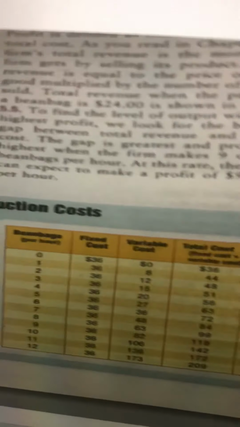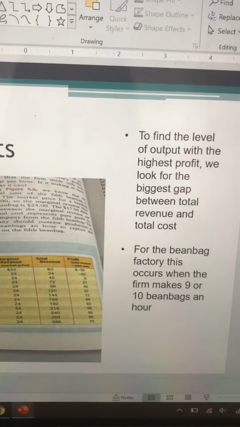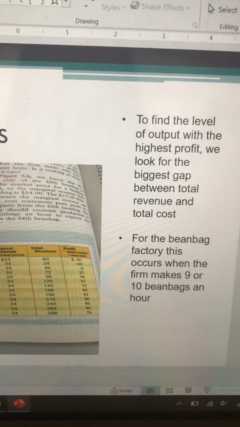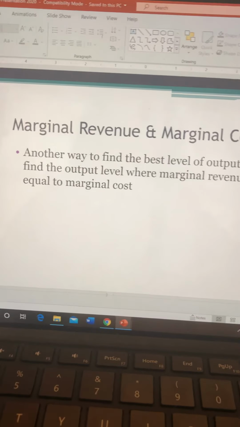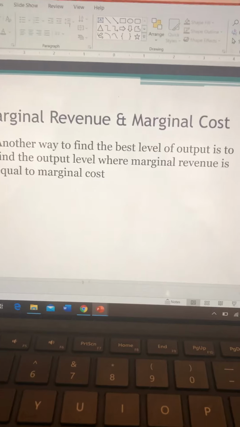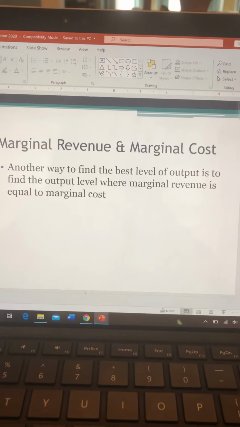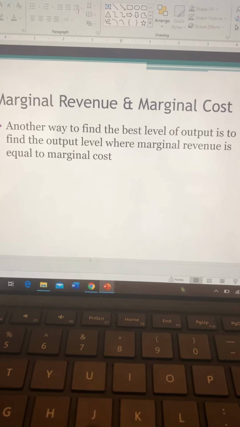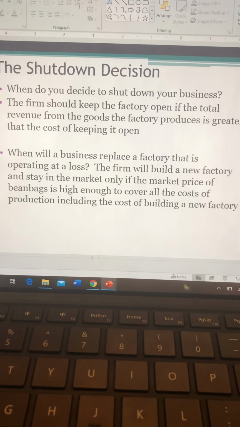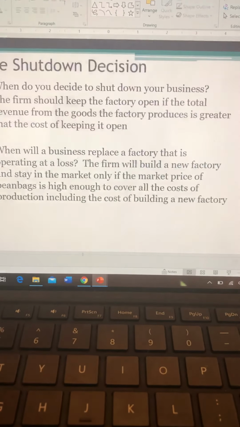Again, I apologize, it's difficult to see, but make sure you're reading this over in the section of the textbook, and that you are always making a profit. Another way to find the best level of output is to find the output level where marginal revenue is equal to marginal costs. And lastly, this is the last slide.